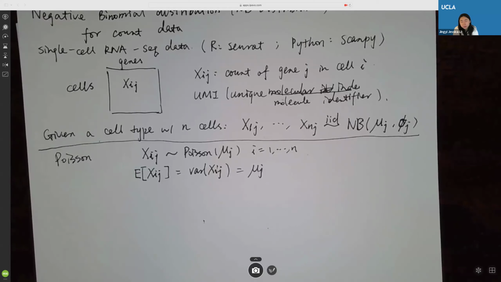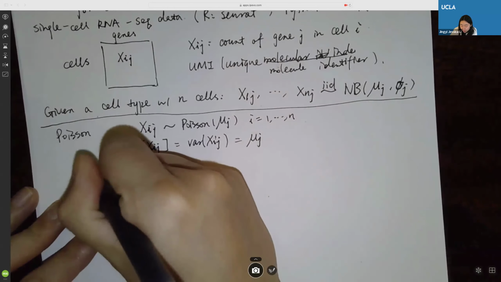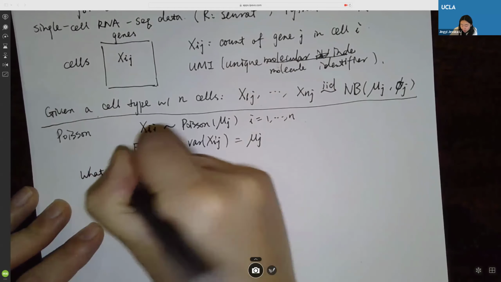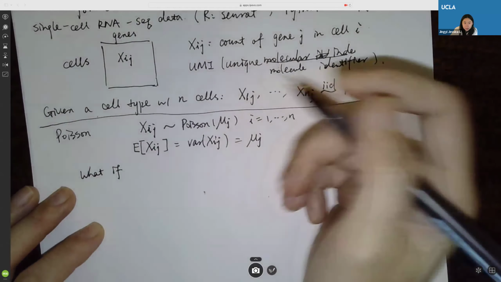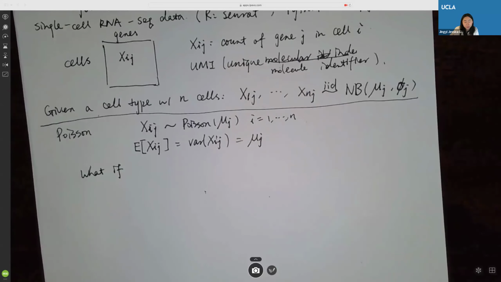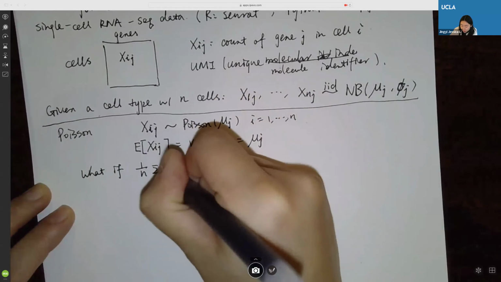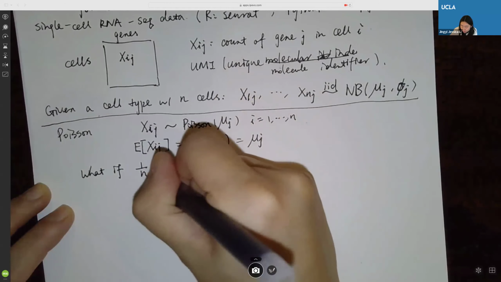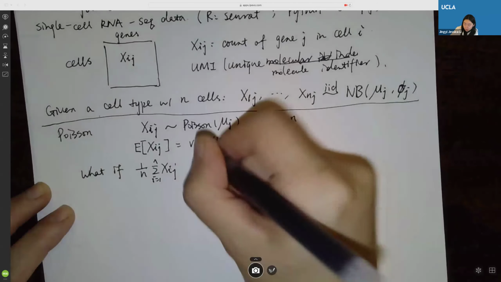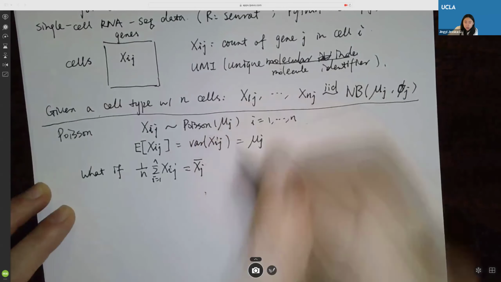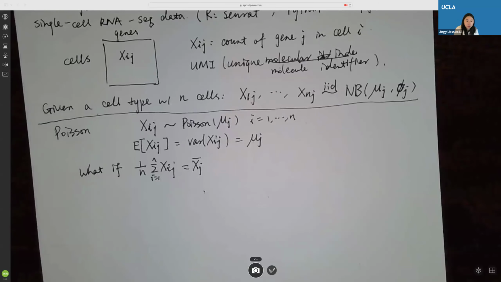But if you have real data, you have a bunch of counts, then you can compute the average. For the expectation, my average to approximate expectation is the average of xij, i from 1 to n. I can call this xj bar, the average of gene j across my cells.